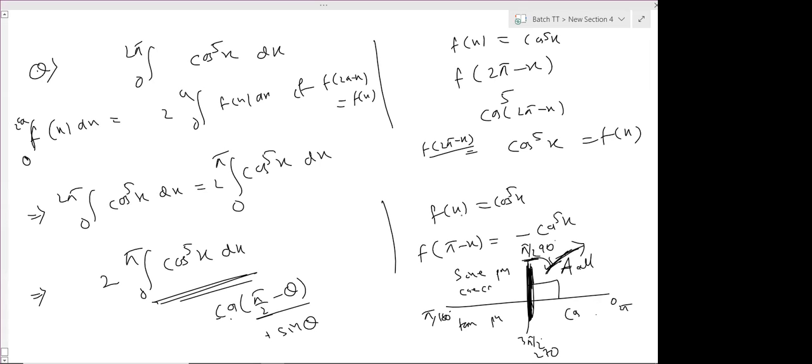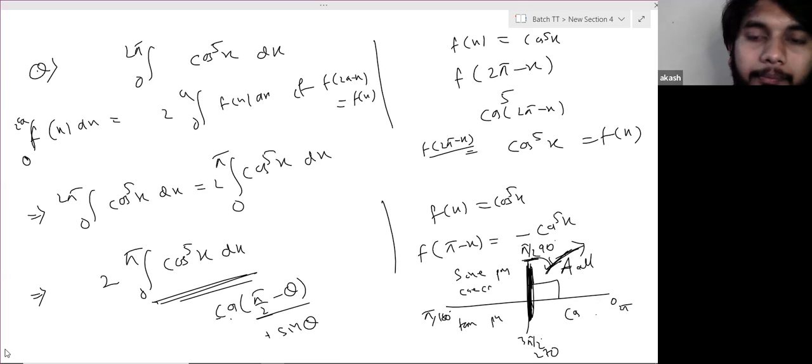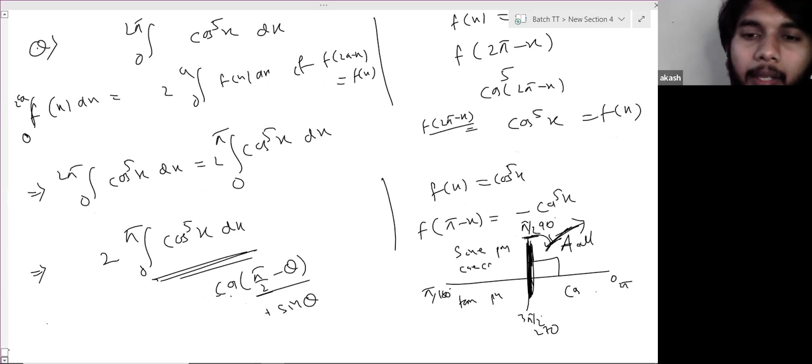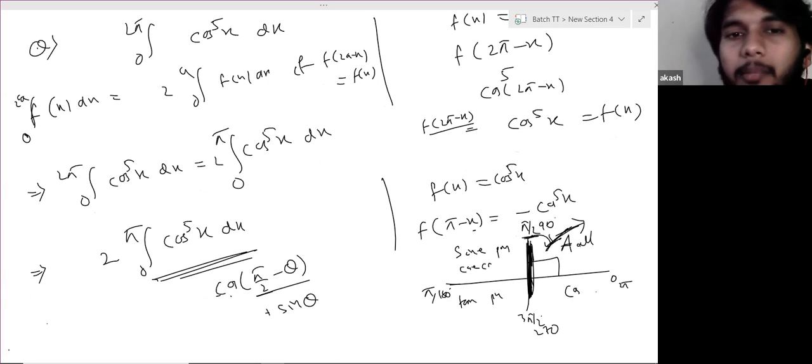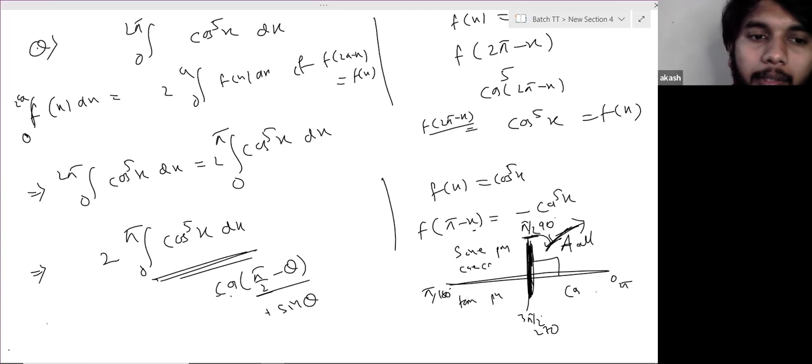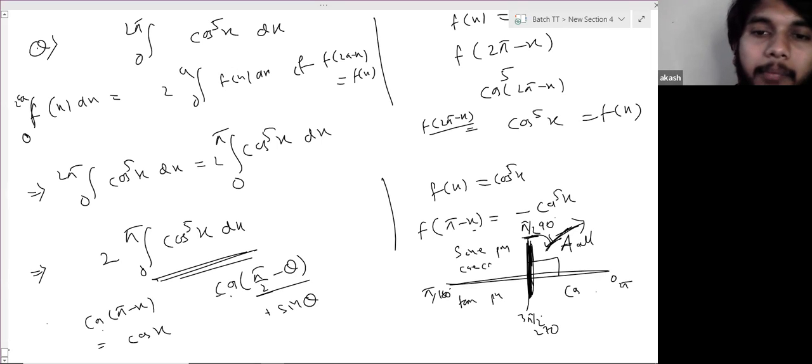So in this question, we have pi minus theta. In the horizontal line, cos will remain cos, sine will remain sine, everything will remain the same. So cos of pi minus x will be cos x. Now pi minus theta is in the second quadrant. In the second quadrant, cos is negative, so a negative sign.